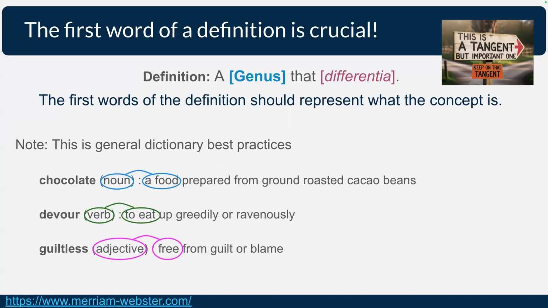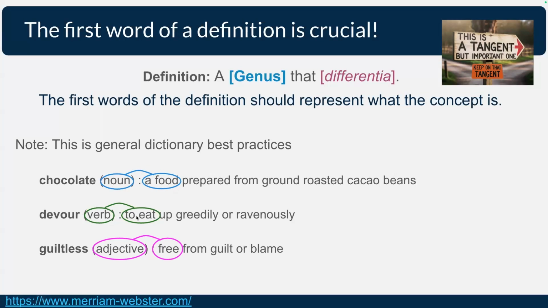And this is actually something that all dictionaries do. If you were in English class, if you're in an English-speaking country, or French class, if you were in a French-speaking country, you can see how much PTSD I have over this. The first word of a definition always refers to the concept of the word. So if you're defining a noun, the first word of a definition is a noun.